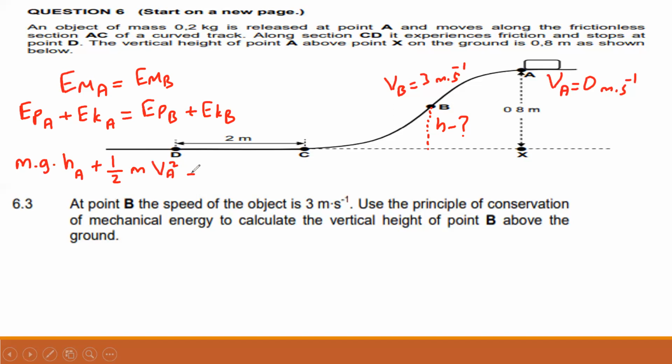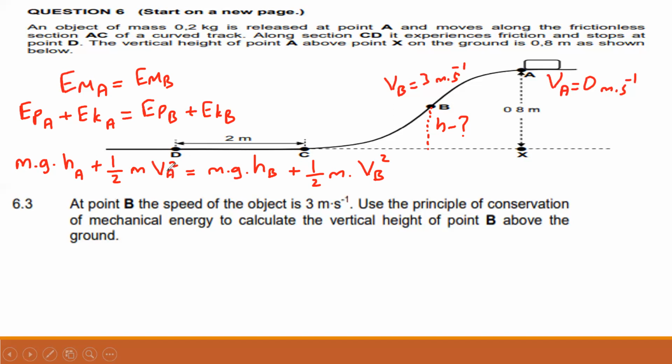So we are writing the formula for potential and kinetic. And then let's continue with B: M times G times H B plus 1/2 mass times VB squared. So we are writing all the potential and kinetic.